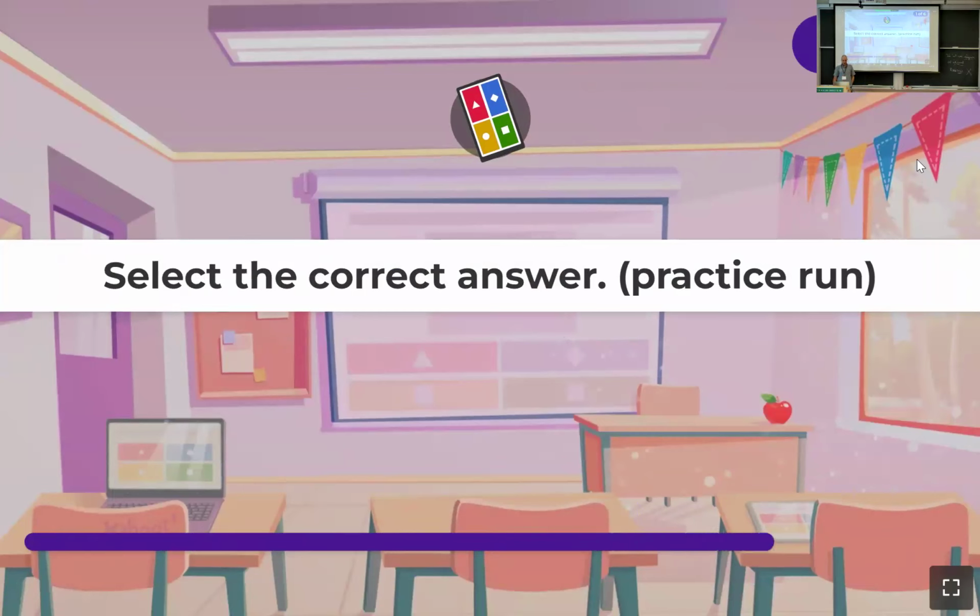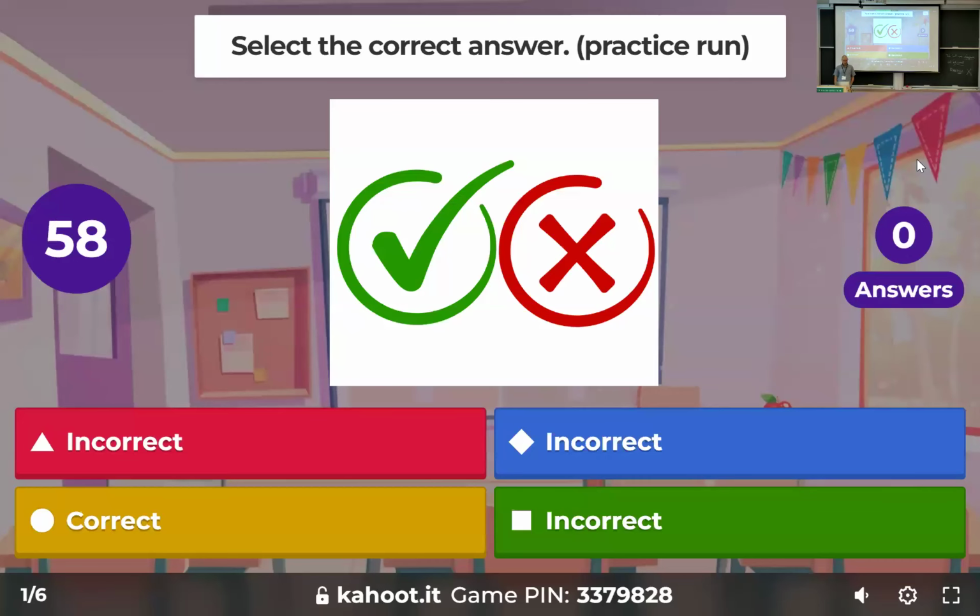Just a practice run, to make sure that everyone knows how Kahoot works. You just select it on your phone. The questions will be standard questions: one of them will be correct, all the other ones will be incorrect. But the direction of the question will be on top. Sometimes the direction says select the incorrect statement.